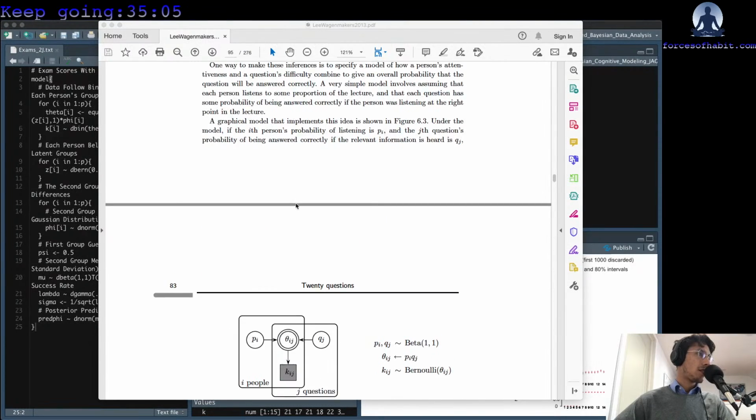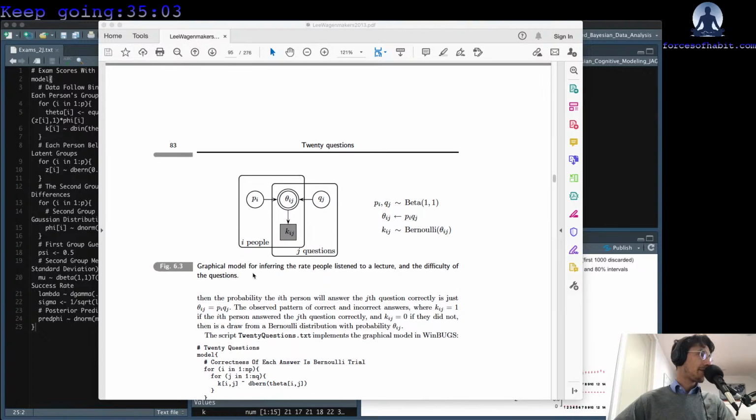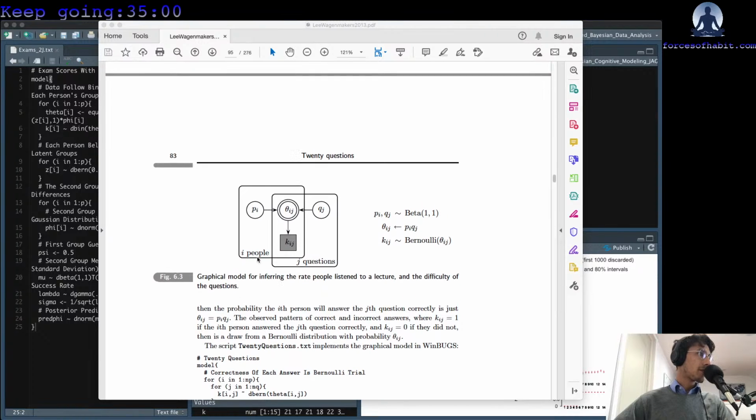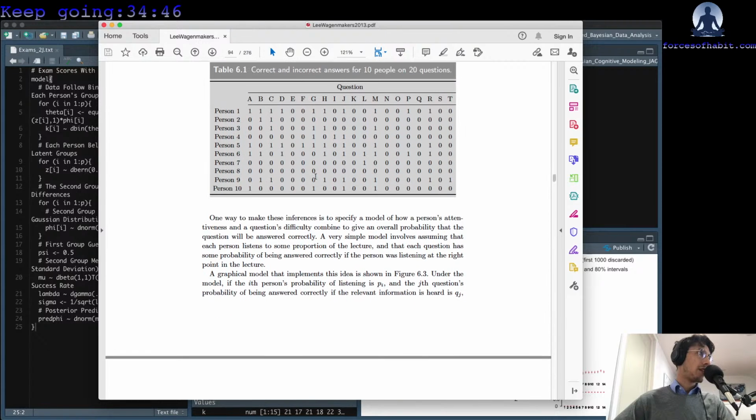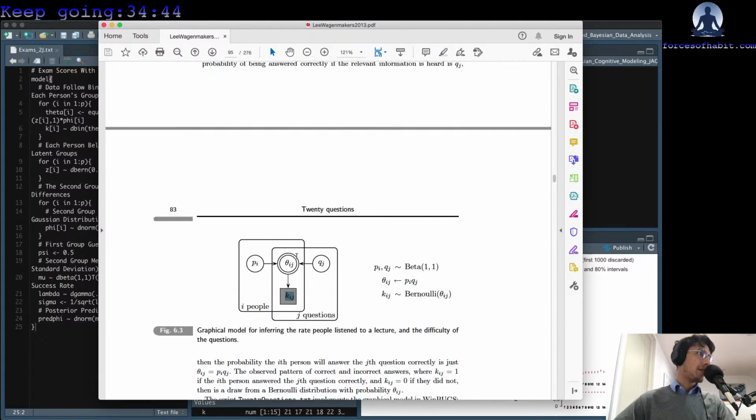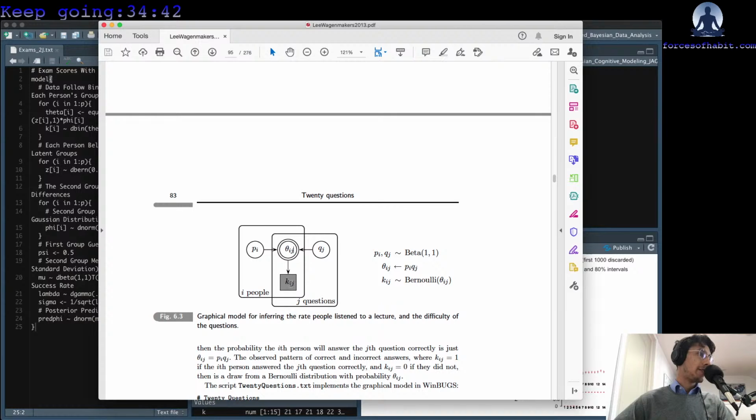And so let's take a look at the graphical model that represents that. Here we have the model where we have a distribution of i's for the people. We have a distribution of j's for the questions. The success rate, so these cells in this table 6.1, are representing a binary, correct or not correct, for a given subject for a given question.